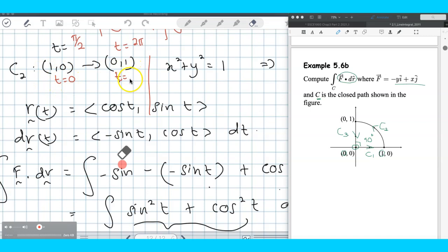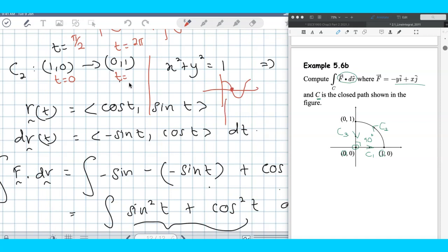And how about this one? You have to remember the graph of cos. So what is the t that will give you 0 for cos? And at the same time, you have a sine, and sine you want to be 1 here. So it happens at pi over 2.